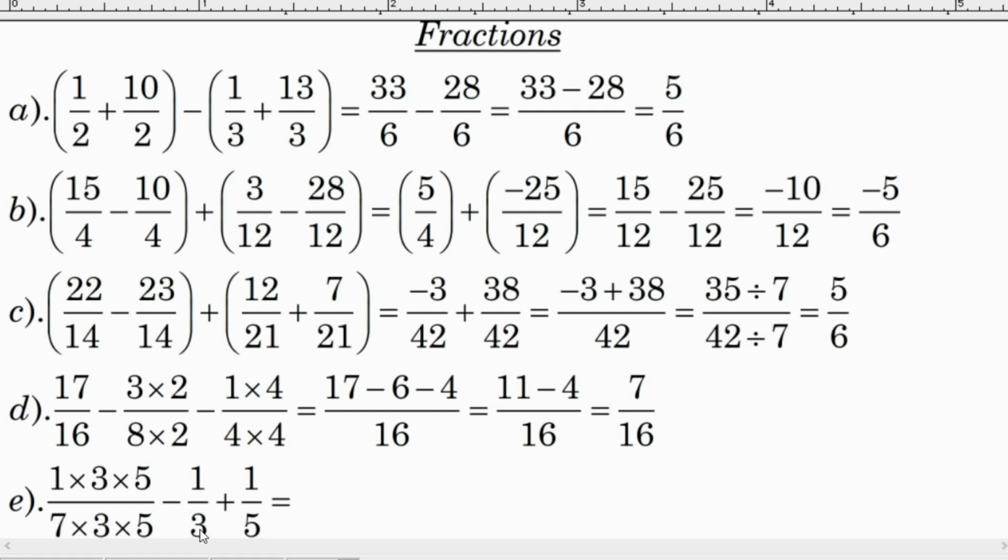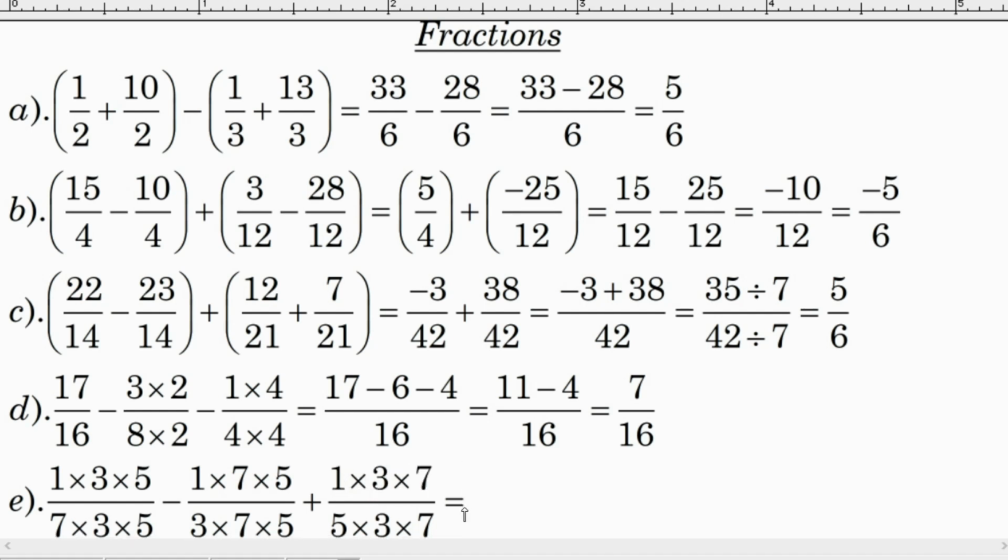And here we have only 3, so then we don't have 7 and 5. So then we just multiply with 7 and 5. The numerator also multiplies with 7 and 5. Here we have 5, but we don't have 7 and 3. So then we have to multiply with 3 and 7. And here we also multiply with 3 and 7.